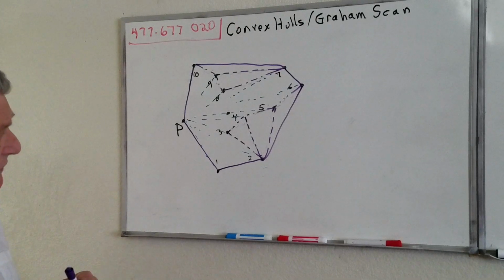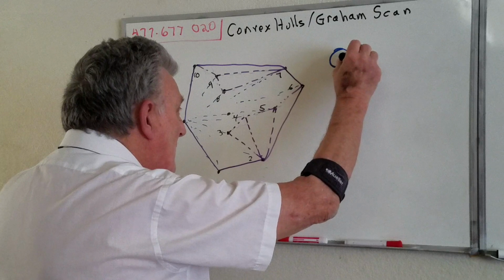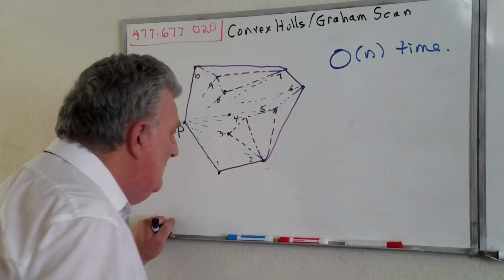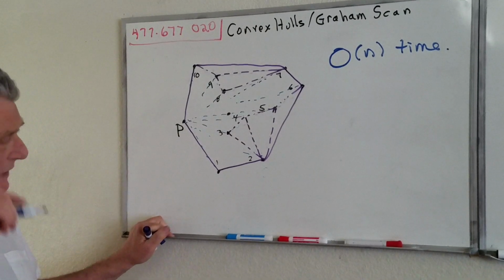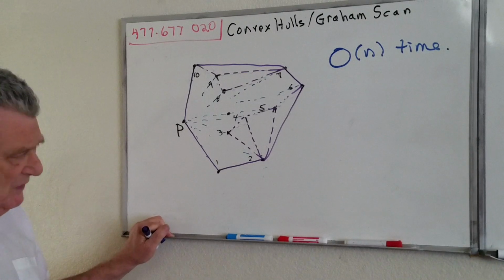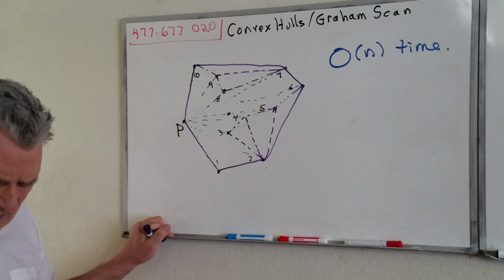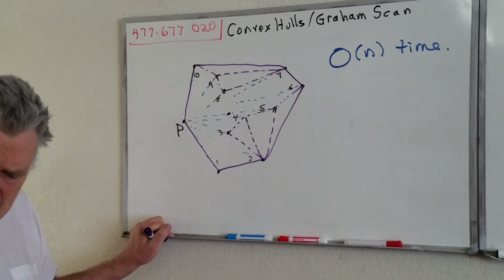Now one question you might ask is, what is the time complexity of this algorithm? Well, it's O of n. Now, how would we prove that? Well, every time we visit a node, or vertex, we might kill a large number of other vertices.